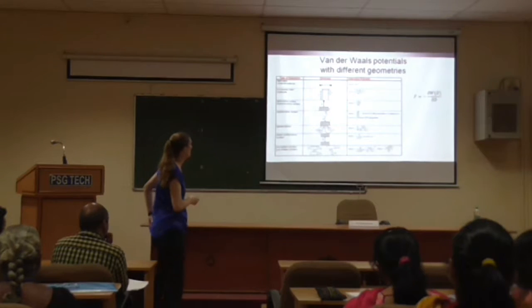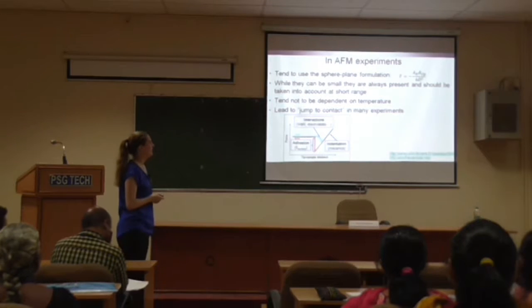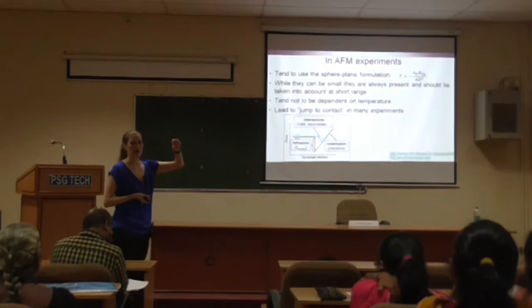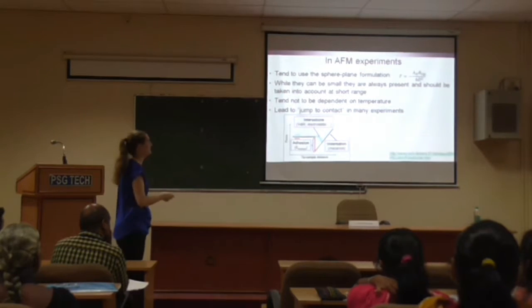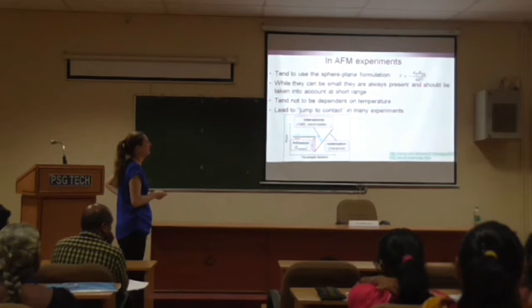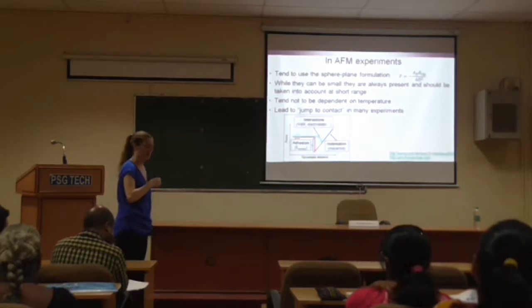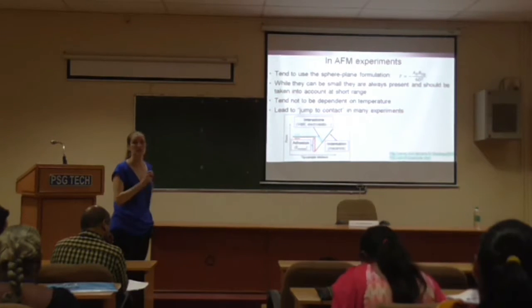In an AFM type experiment, we typically have a sphere, like a tip, and a plane, which is my surface. If you do that math, you get forces that decay as 1 over the distance squared.